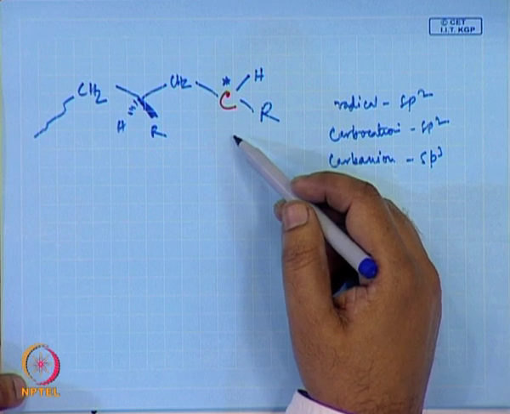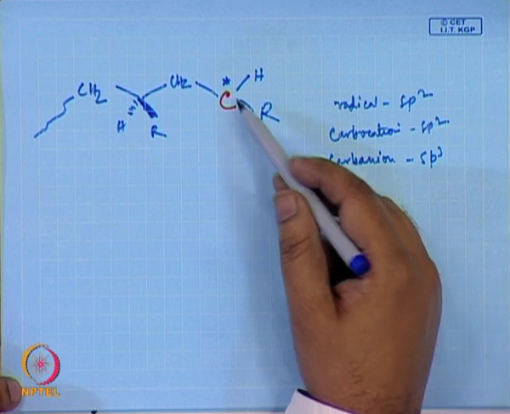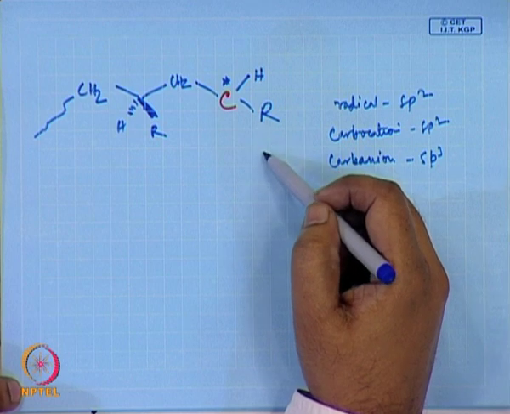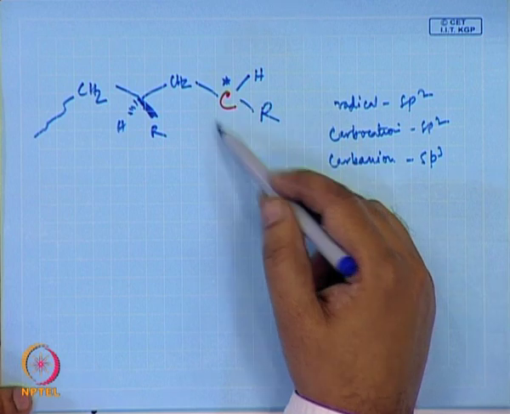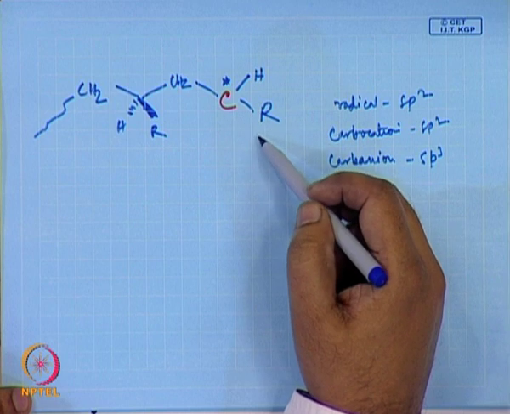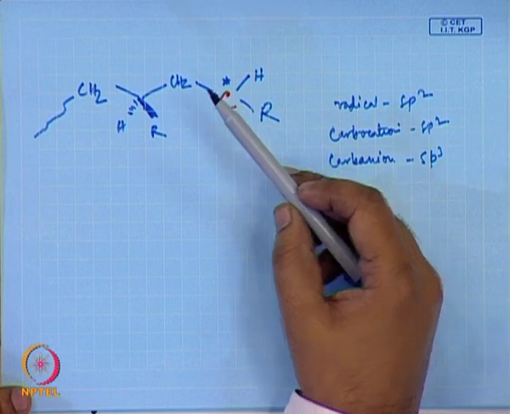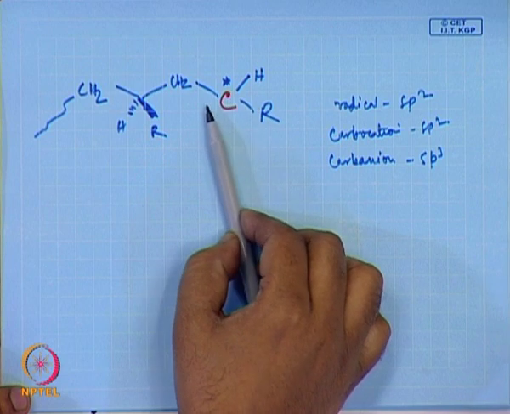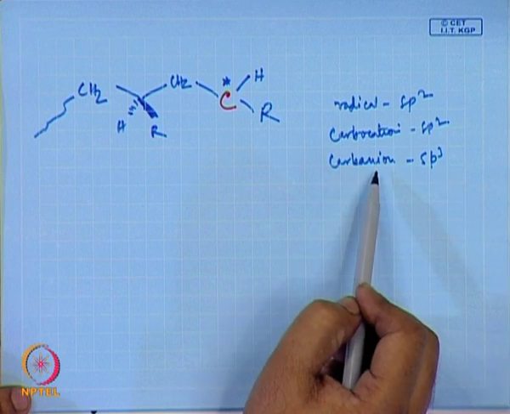If you remember, say acrylonitrile or methyl methacrylate, the anion charge gets delocalized by resonance with the substituent group, and this requirement of resonance with the substituent group again makes it planar. So, this carbon has a planar structure irrespective of whether it is a radical, carbocation or carbanion.